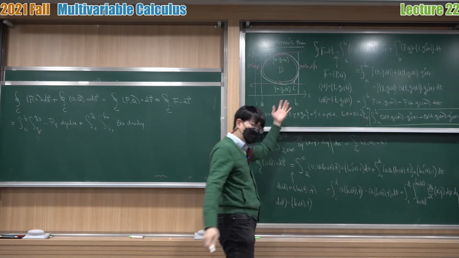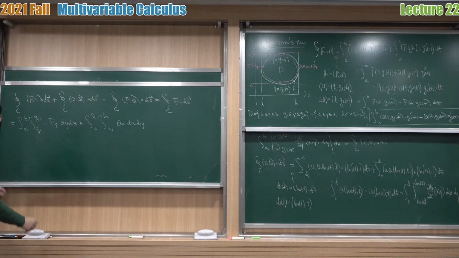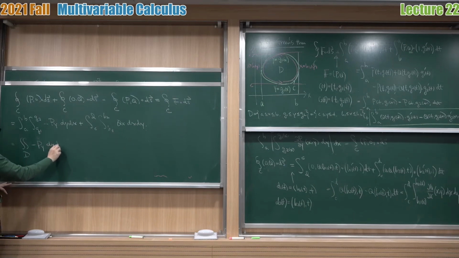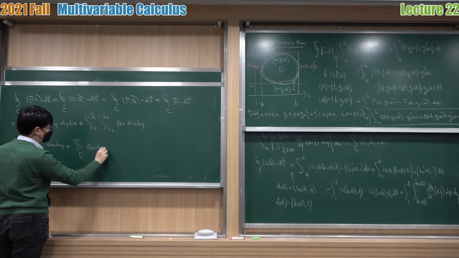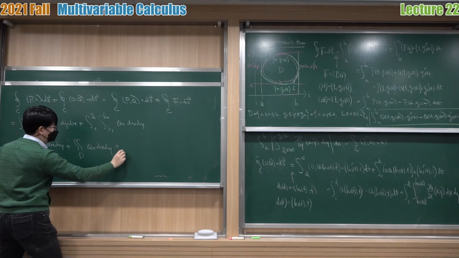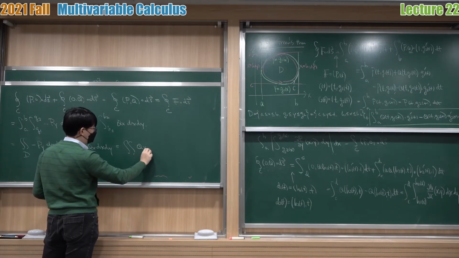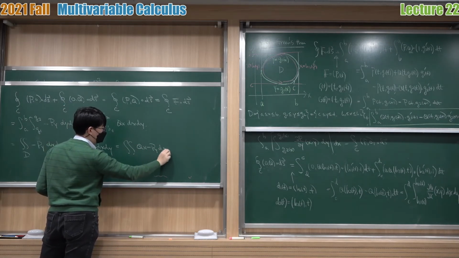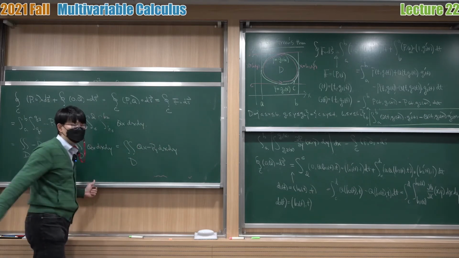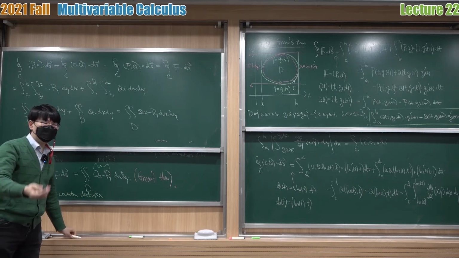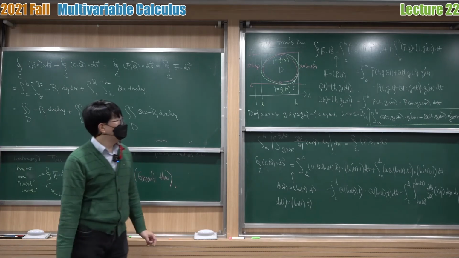So this equals the double integral of minus Py over D plus Qx over D. Therefore, we have Qx minus Py dx dy over D. So a line integration equals the double integral over the surface.